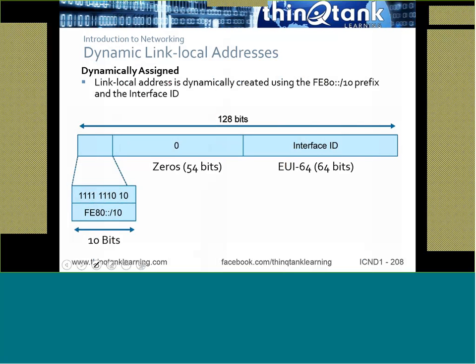This link local address guarantees the ability for that client to communicate on the wire. We're going to see later on in other chapters where that link local address is actually used. The link local address starts with FE80::/10.